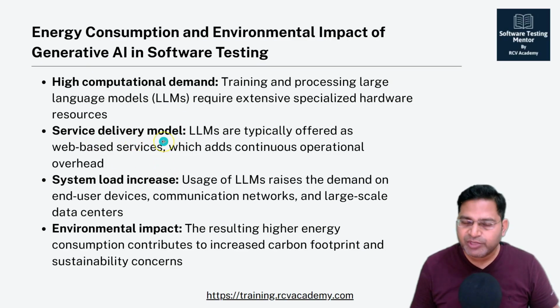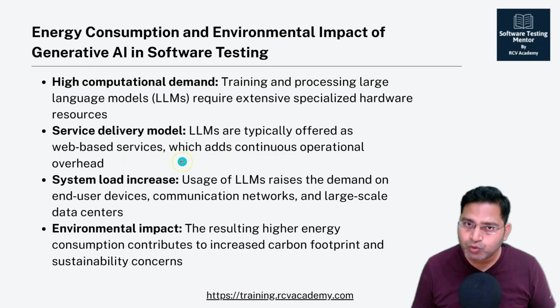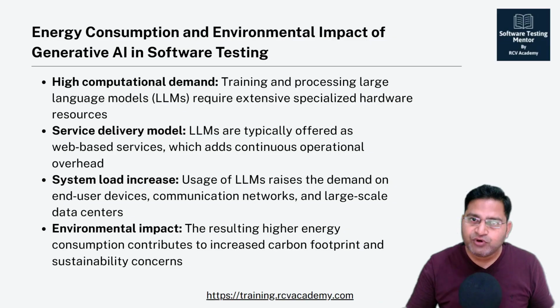Because of the service delivery model, these models are offered as web-based services, which adds continuous operational overhead, 24/7 by 365, as somebody is always accessing these models. They need to be up and running every time, so there is a lot of continuous operational overhead, which in turn requires energy consumption.